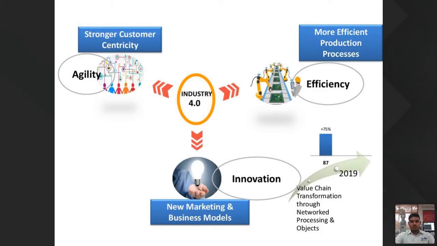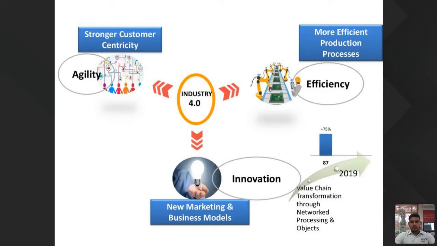Basically the agility, the efficiency and innovation. These are the three basic aspects of Industry 4.0 which drive it in an efficient manner in the developed countries, and which we are going to try to develop in the growing countries.